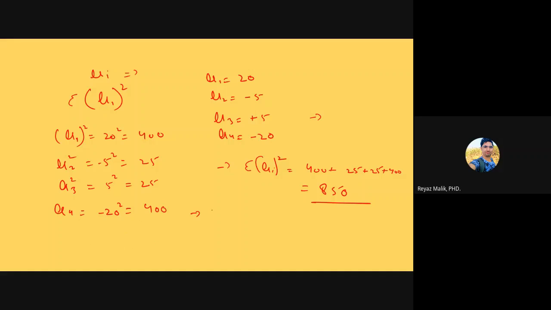For example, the summation of squared error terms for u1 and u4, because those are equal, will be 400 plus 400. Then the summation of squares of u2 and u3 is 25 plus 25, which is equal to 50. Now you can see the change.